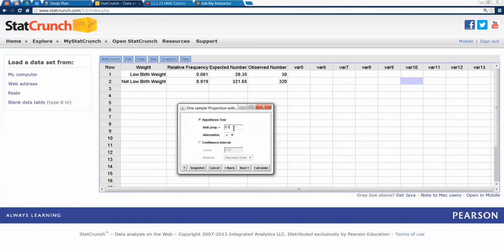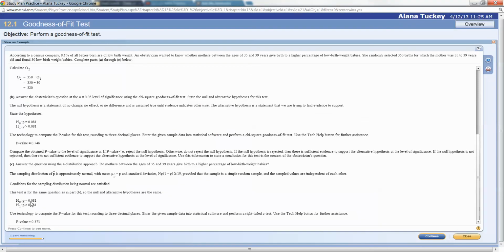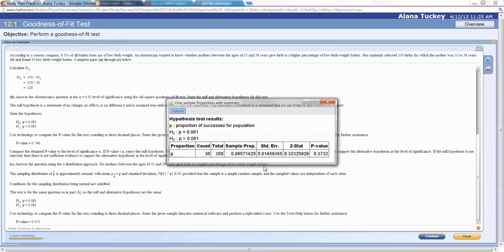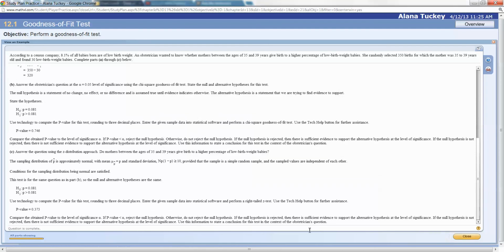We are trying to test the null hypothesis of 0.081, and we want a greater than test, because we're doing a right-tailed test. Click Next. I don't need to store it. Calculate. Look at that, 0.373. And that's what they said it was, 0.373.